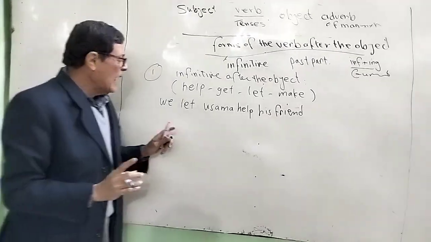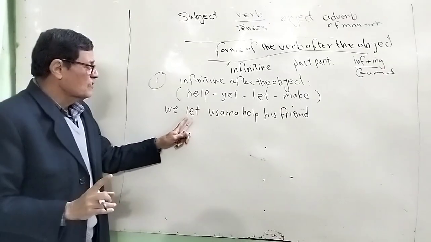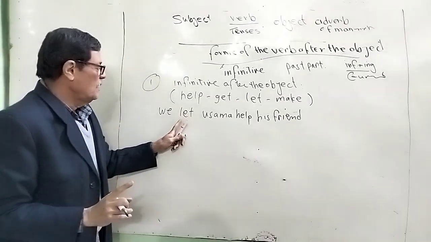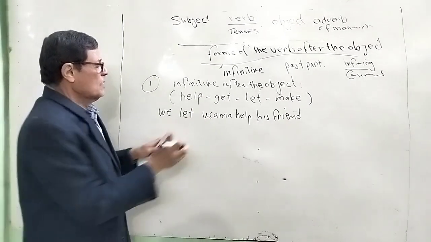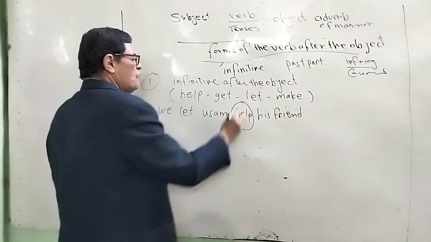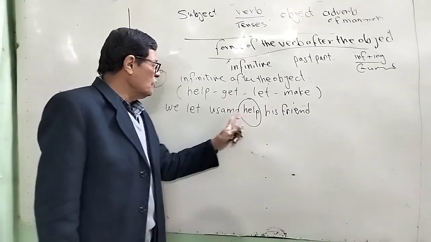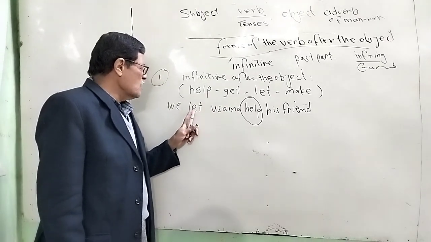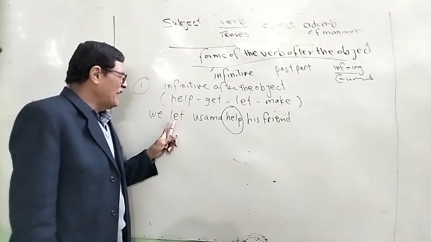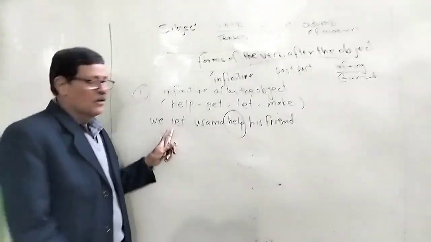Okay? As we know, let, Osama is the object, so here is the infinitive after the object. Why? Because we use let in the sentence.